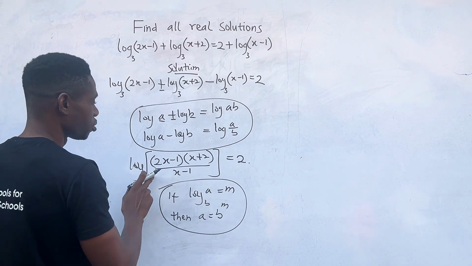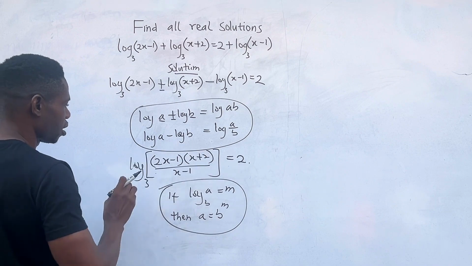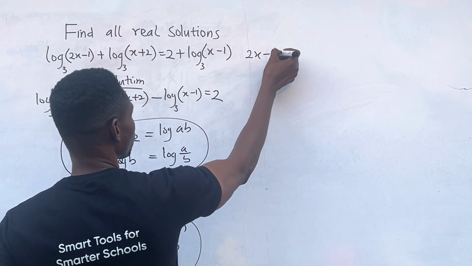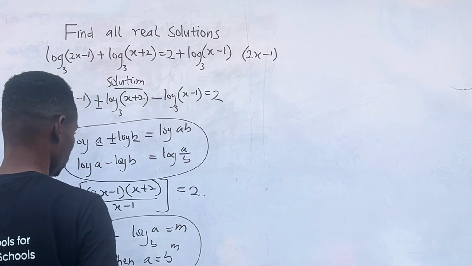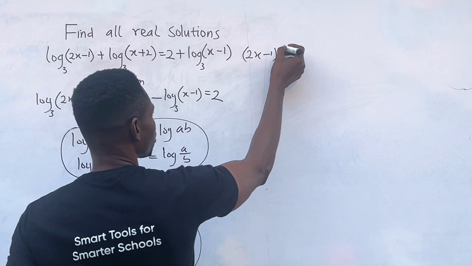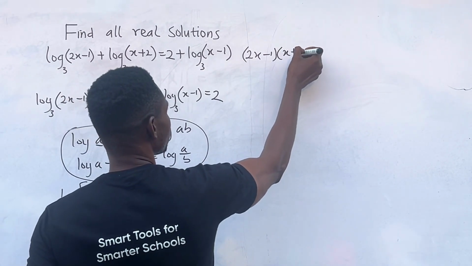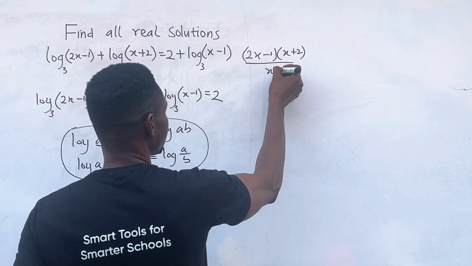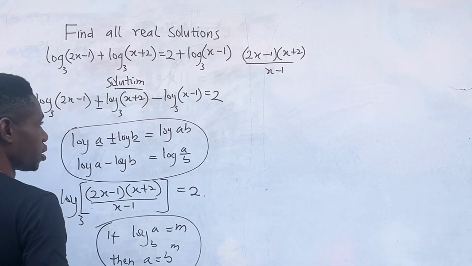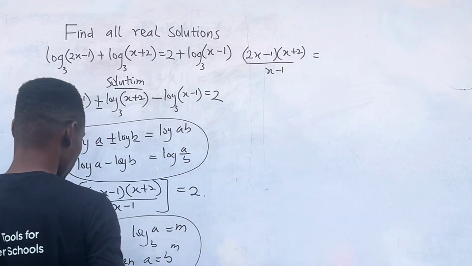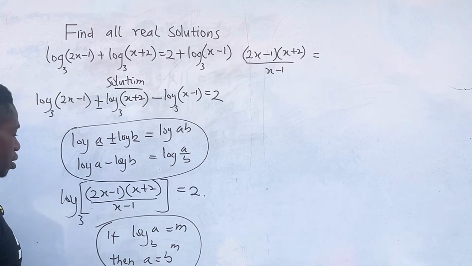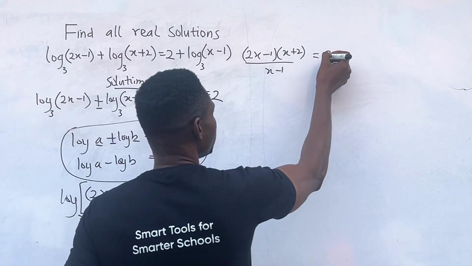So from here, we're going to have our number, which is 2x minus 1 multiplied by x plus 2 all over x minus 1 equal to 3 raised to the power 2, following this idea.